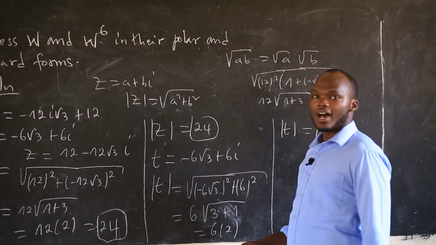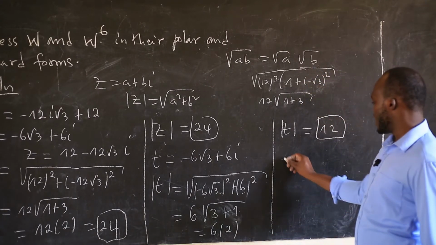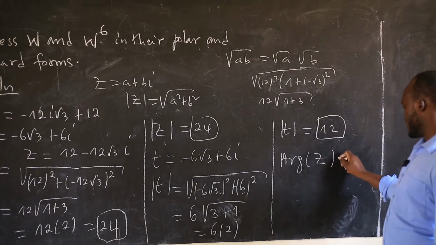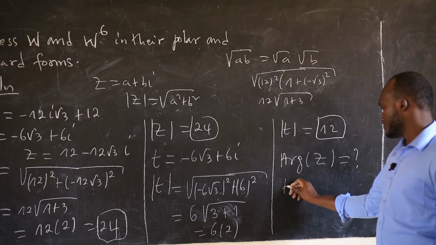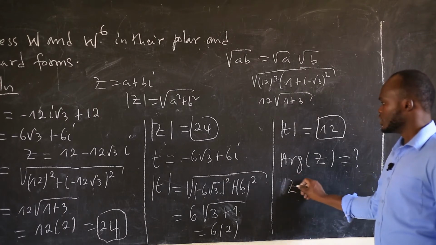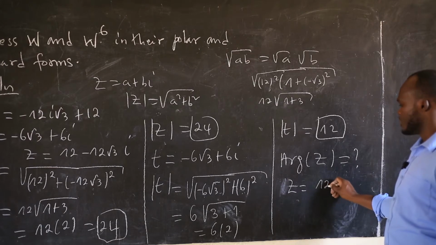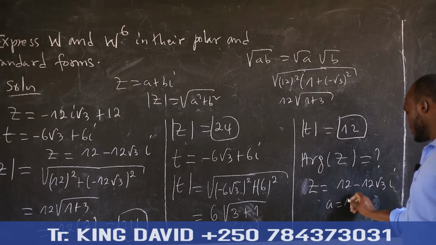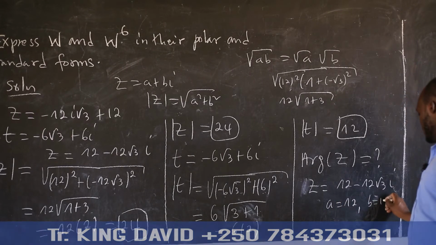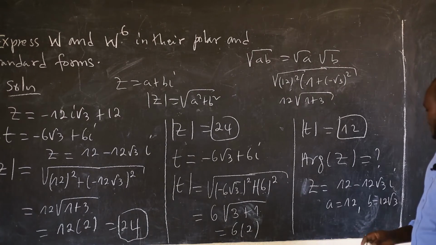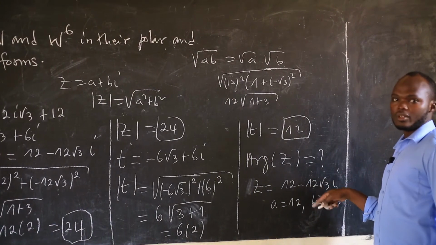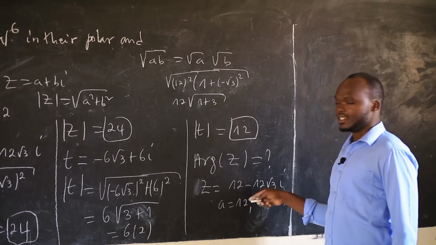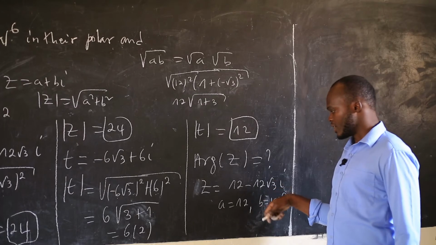So after that, we're going to find their argument. So we're going to find the argument of z. What is the argument of z? So tan alpha, we have z equal to 12 minus 12 root 3i. So our A is 12, our B is 12 root 3. I told you don't consider negative. Negative comes when we are checking where Z is located on a circle.